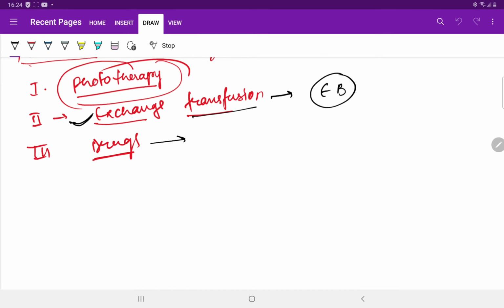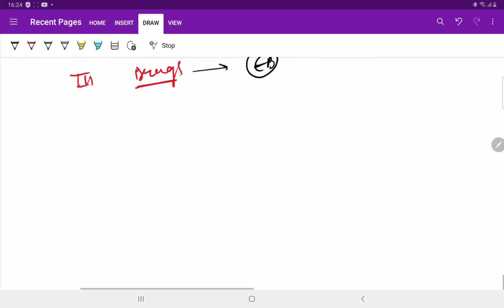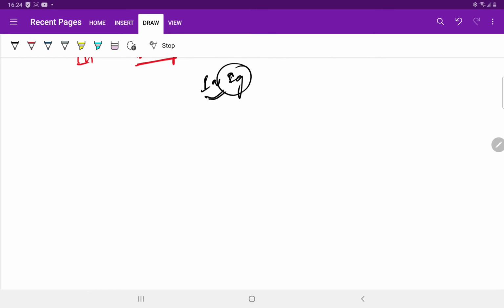And the drug that is also most commonly used in case of erythroblastosis fetalis is IVIG, right? Immunoglobulin is what we try to give. What happens normally in erythroblastosis fetalis? The RBCs are coated with maternal antibody, right?